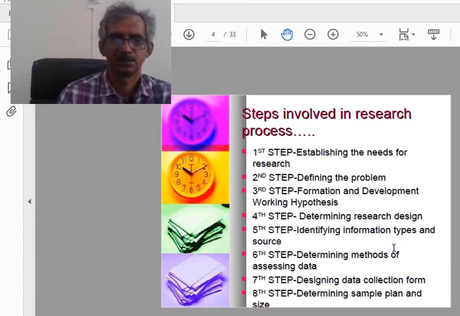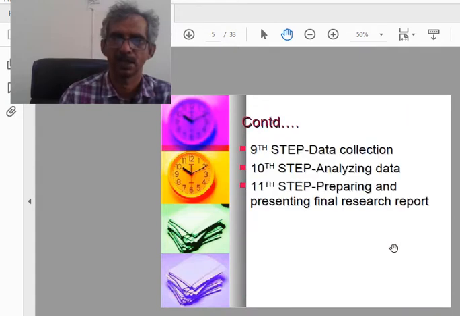Sixth step, determining methods of assessing the data. Seventh step, designing data collection form. Eighth step, determining sample plan and the size. Ninth step, data collection. Tenth step, analyzing the data. And 11th step, preparing and presenting the final report.